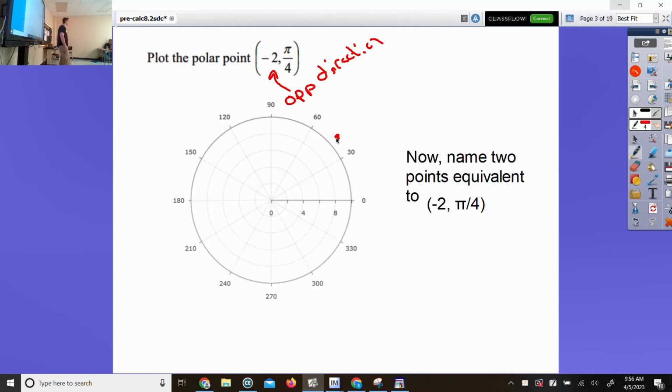That's just for you all to realize what 45 degrees is. We're not going to move 2 units towards the angle, we're going to move 2 units away. That does get kids. So when it's negative, move away from the angle.